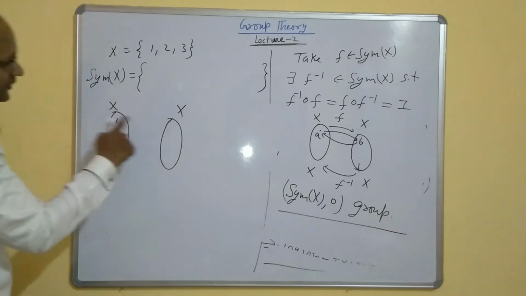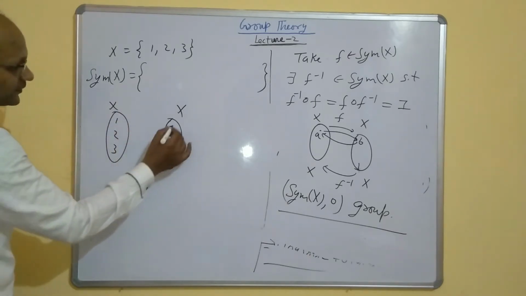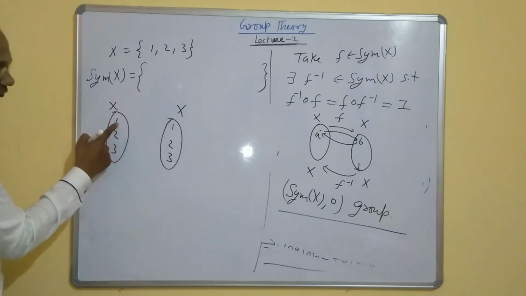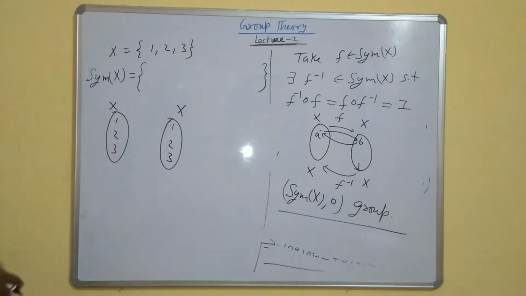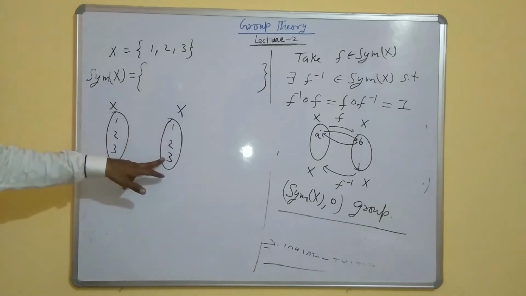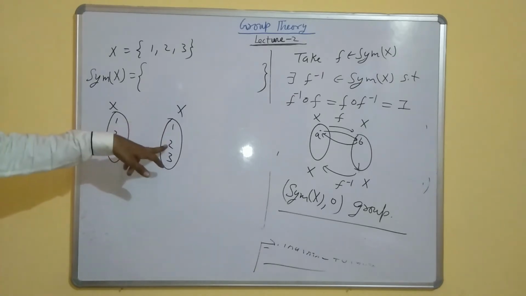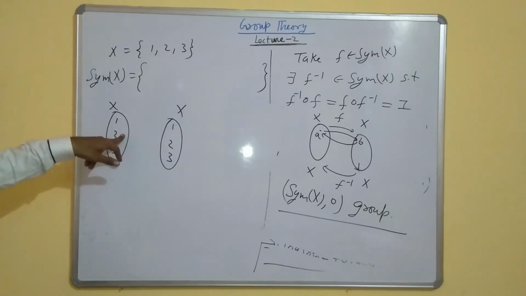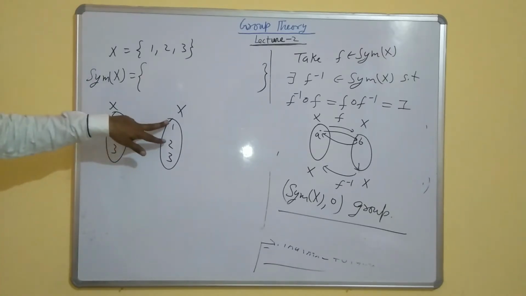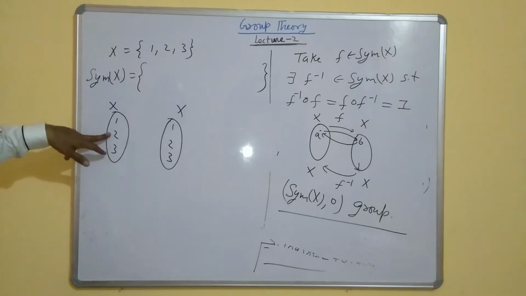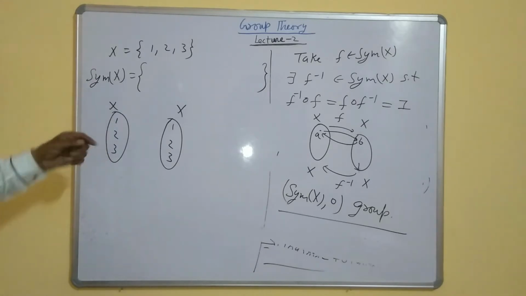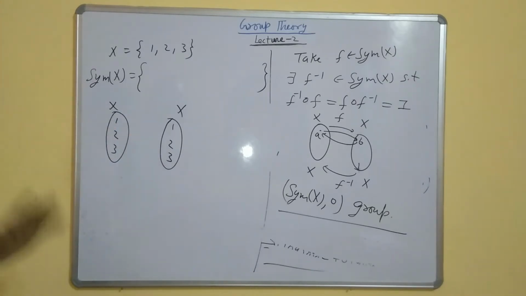So for having a bijective map, I can send 1 to 1, or 1 to 2, or 1 to 3. But as soon as I send 1 somewhere, we cannot take 2 to that element, because then that map will not be injective. So 2 has the remaining 2 elements as a choice. And as soon as I set 1 and 2, then 3 has only one choice, the remaining element.